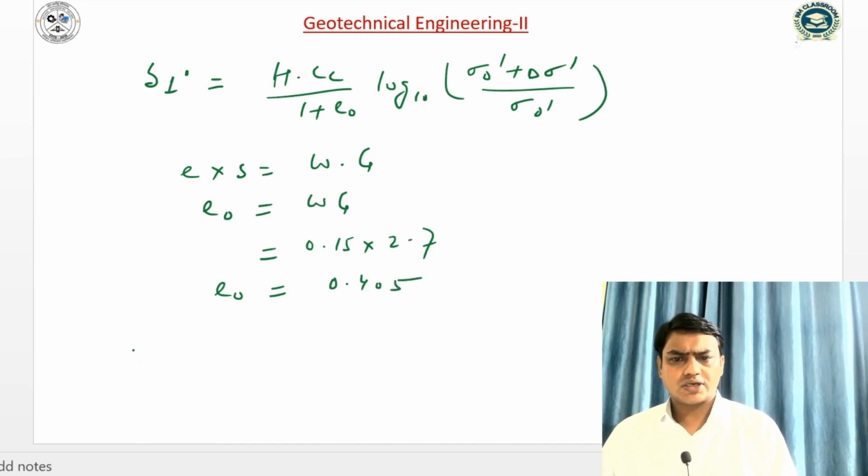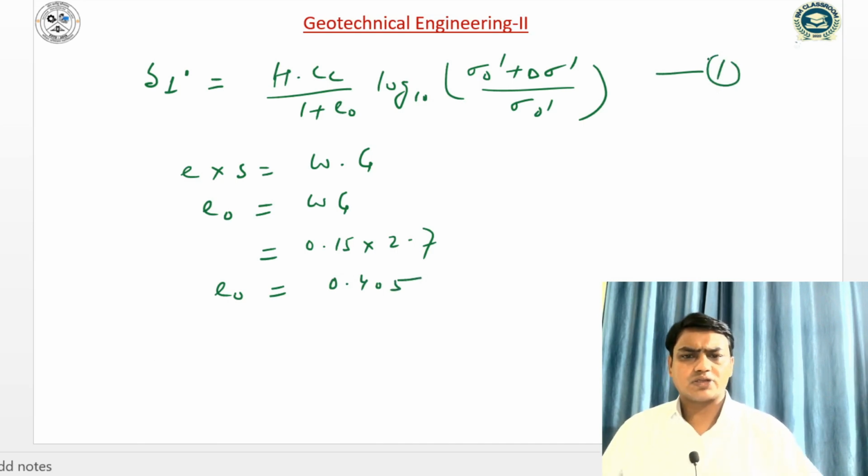0.405. So the primary consolidation settlement from this expression, we can compute Cc from equation 1.